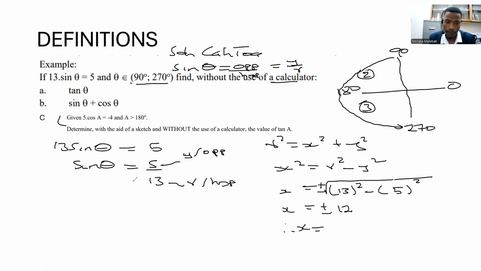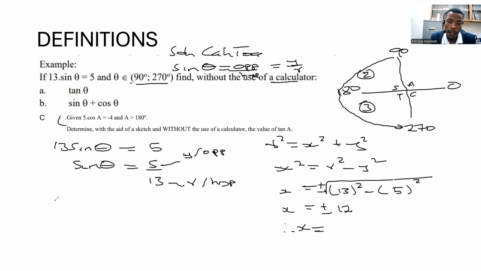Before you come to this conclusion, you see where the sine is positive, so let's use CAST. Sine is positive in the second quadrant.